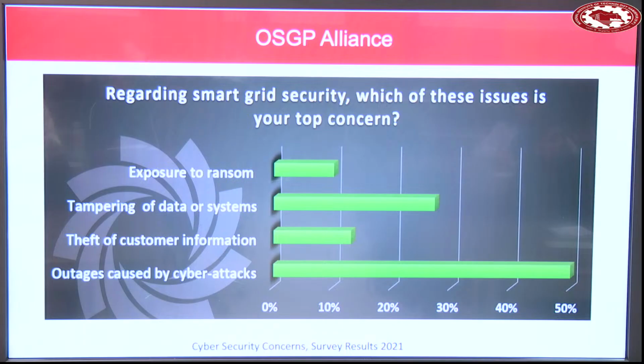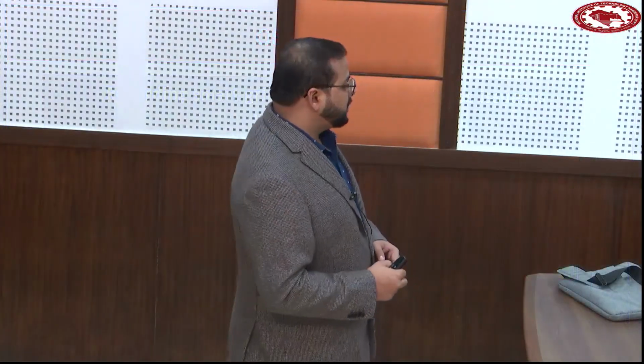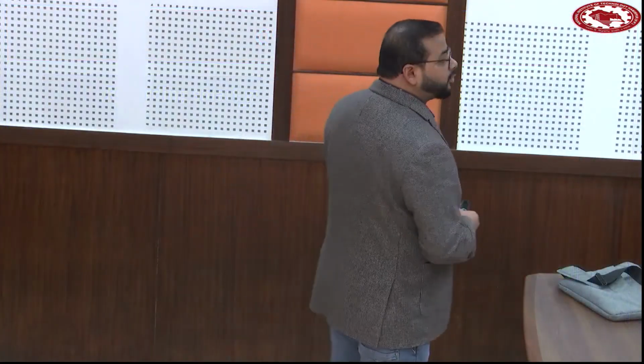And cybersecurity is one of those, where all the companies in this group sit together once every 6 months or yearly, and they want to understand the critical topics around their infrastructure. They want to discuss what kind of policies, what kind of regulation should be there, and so on and so forth.